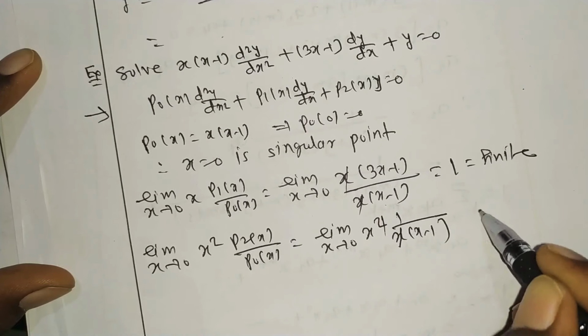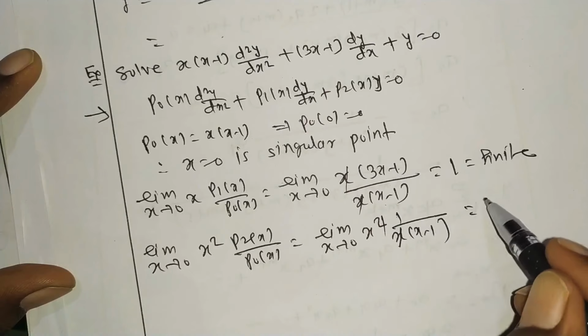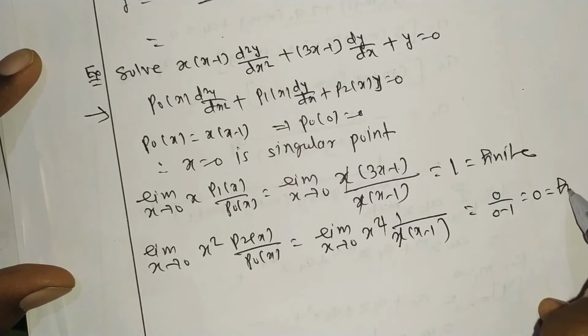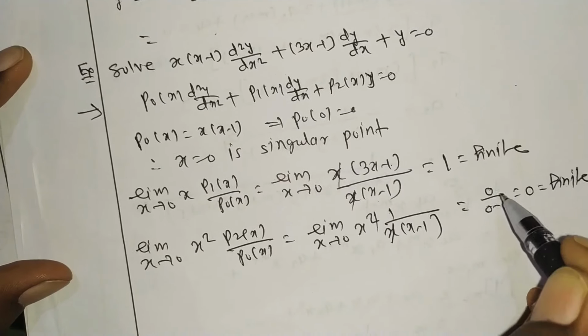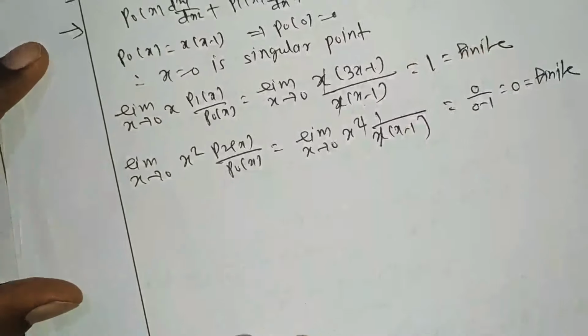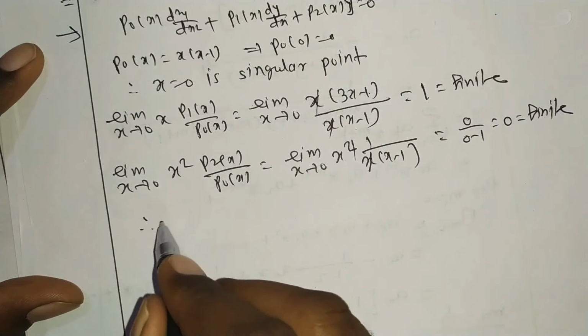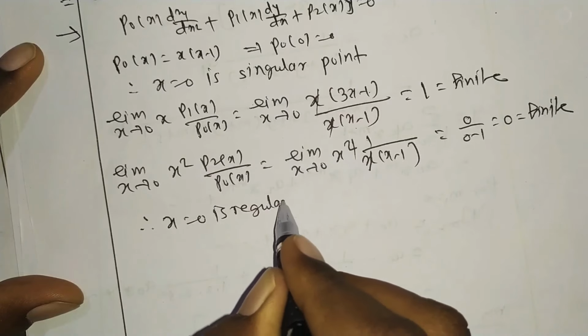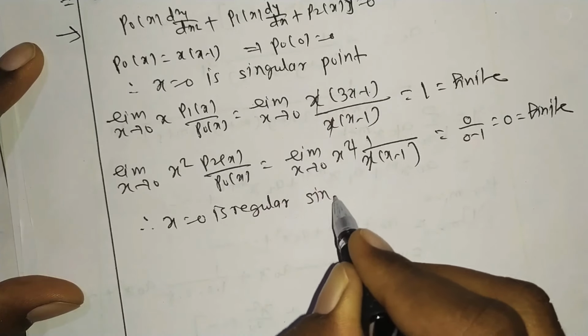So one x gets cancelled. If you find the limit here, it is 0 upon 0 minus 1, that is 0, and 0 is also finite. So both limits are finite, and therefore we can say that x equal to 0 is a regular singular point.